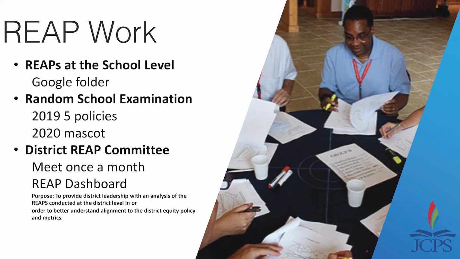In 2019, there were 5 policies that were filtered through the REAP per the superintendent's guidance: dress code, discipline, homework, protection of instructional time, assignment of students to classes, and programs. And those were the 5 policies that were filtered through the REAP. And then last year, 2020, each school had to filter their school's mascot through the REAP.